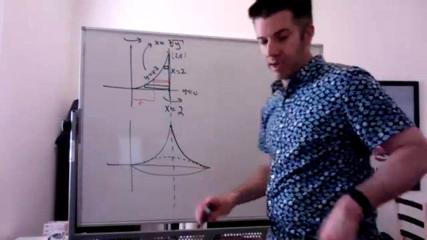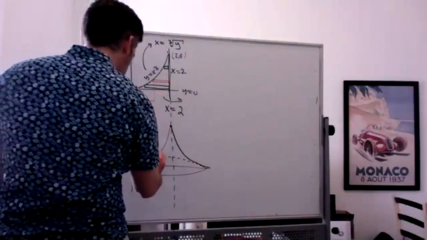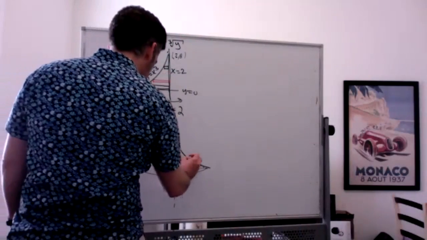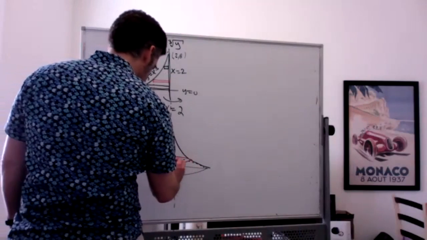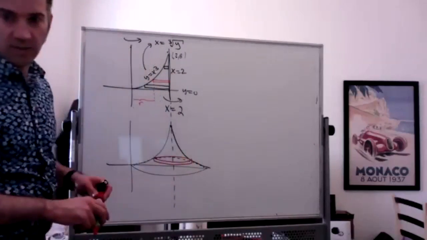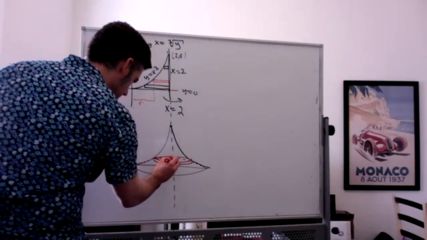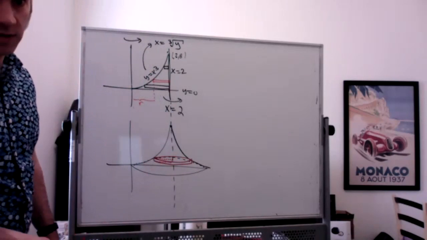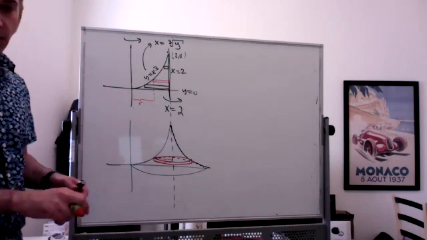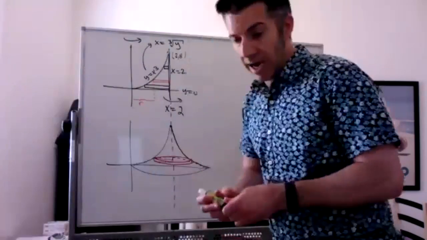And right here is our strip, which is just getting rotated around. That horizontal strip is being rotated around to make a disk. So I always like to do it this way.